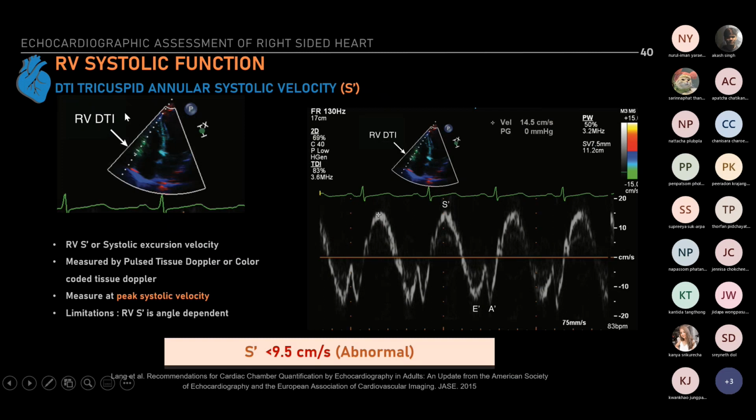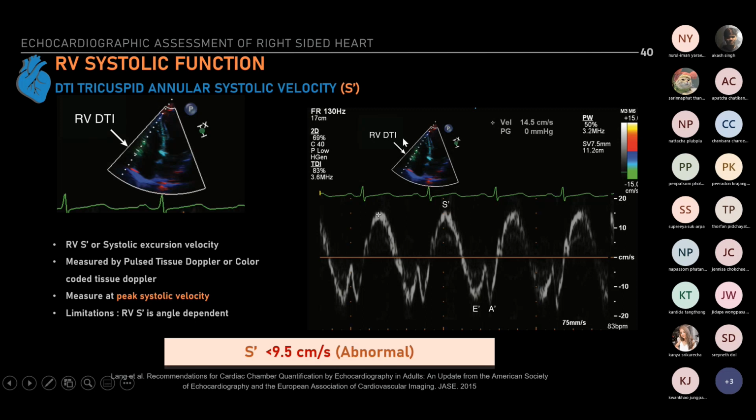DTI tricuspid annular systolic velocity or S-prime. RV S-prime refers to the systolic function of the right ventricle. And this measurement is also measured in the same view as TAPSE. The PW sample volume cursor should be placed at the basal segment of the RV, and the cursor should align with the RV free wall.